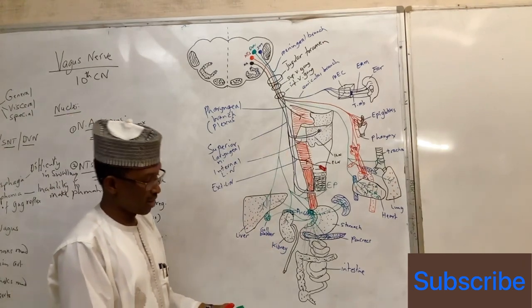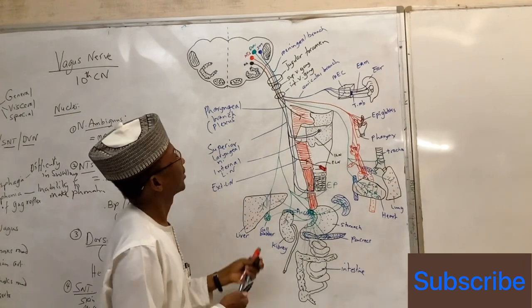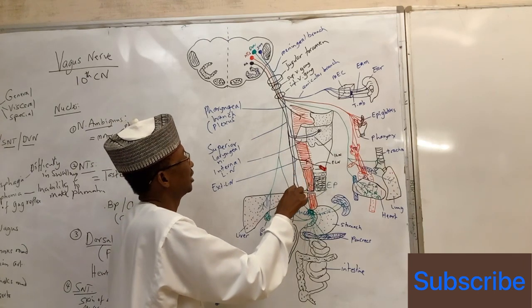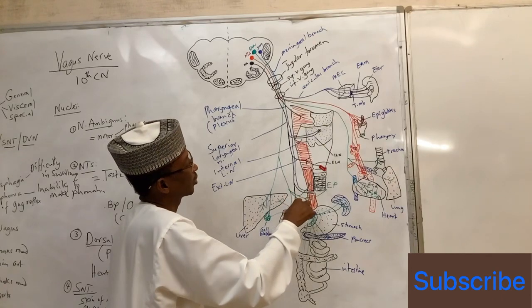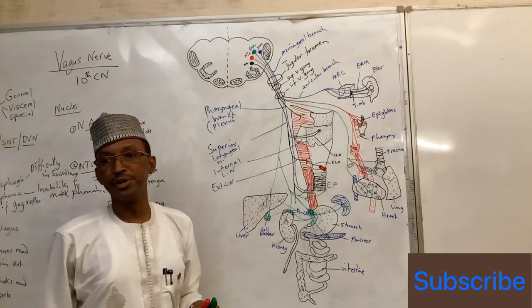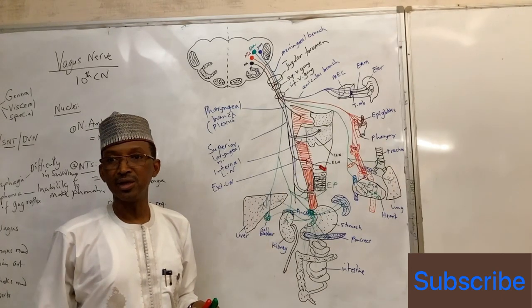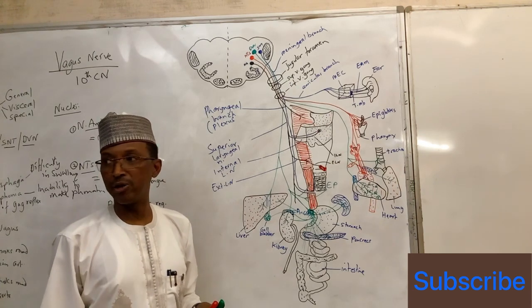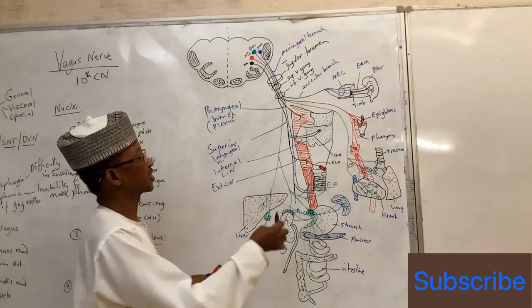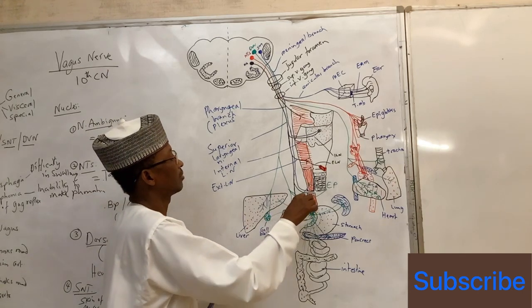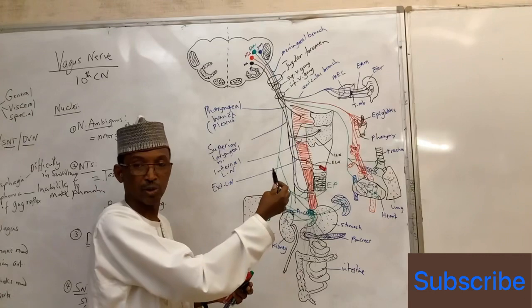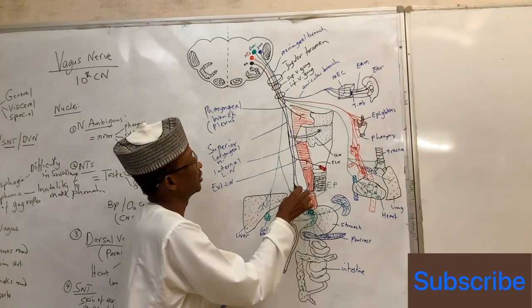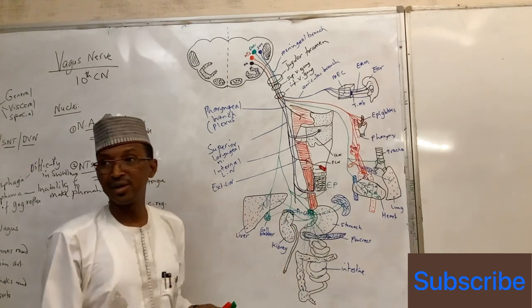So the main fibers coming from the nucleus ambiguus, as they pass down, I told you they hook round the subclavian artery on the right hand side, and hook round the arch of the aorta on the left hand side. As these fibers hook round those structures on either side, they go as what we call the recurrent laryngeal nerve.